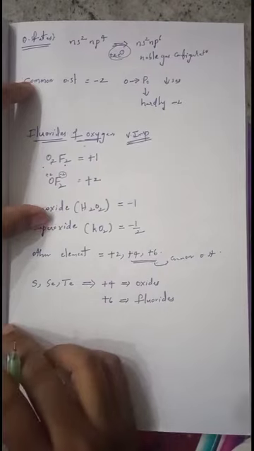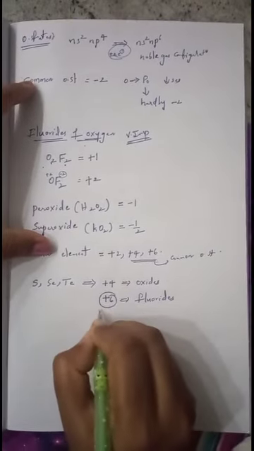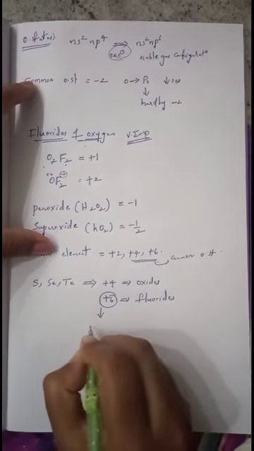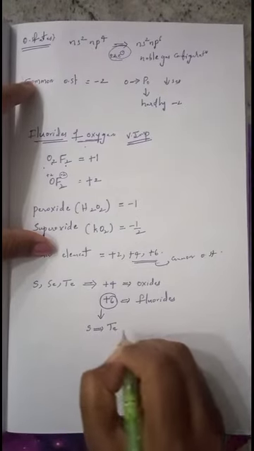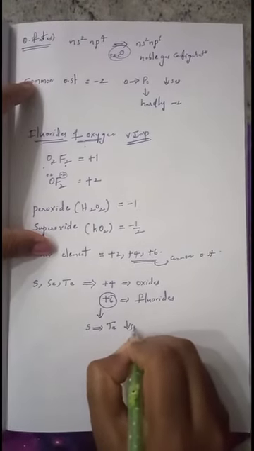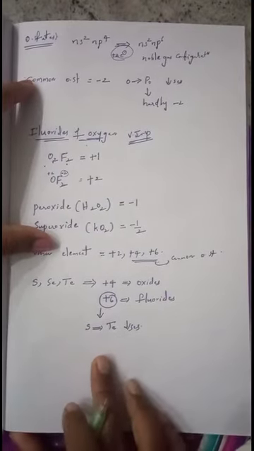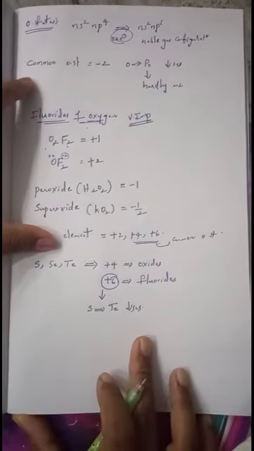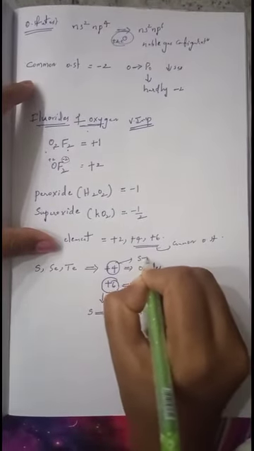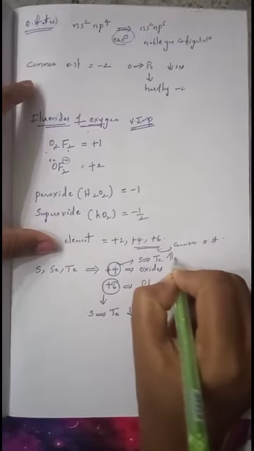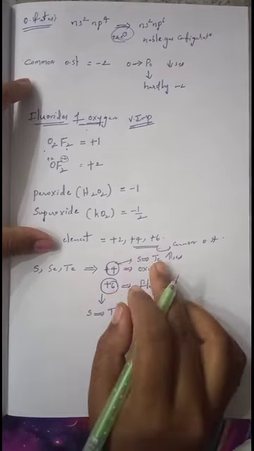The stability of the +6 oxidation state decreases down the group, that is, from sulfur to tellurium. Always it decreases. And the stability of the +4 oxidation state increases from sulfur to tellurium.